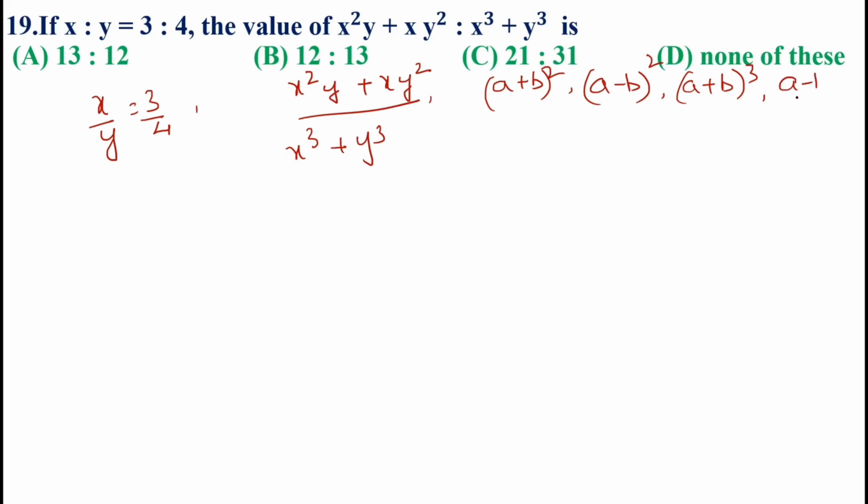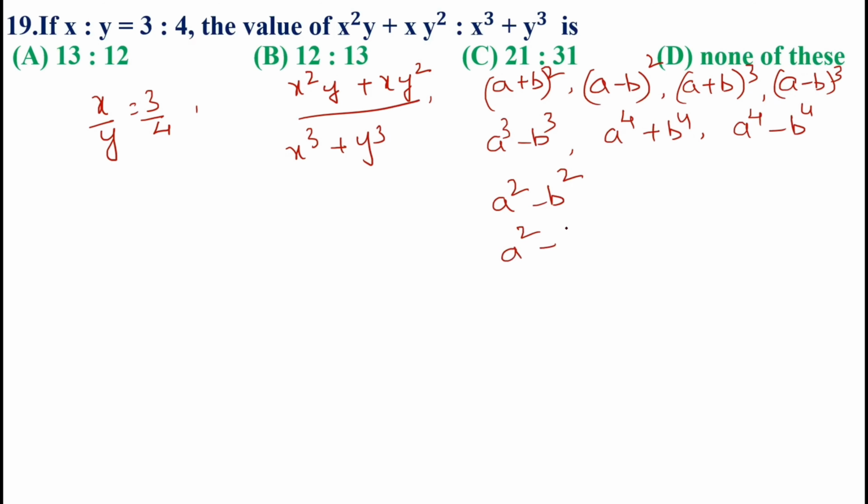You can directly Google search and you will get images. a cube minus b cube, a to the power of 4 plus b to the power of 4, a to the power of 4 minus b to the power of 4, a square minus b square, a square plus b square.